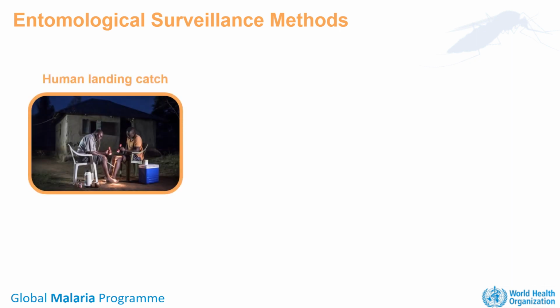Adult mosquitoes are often collected using human landing catches, wherein one or more collectors bare their legs and arms and use aspirators to collect any mosquitoes that land on them. This method can be used to determine the presence or absence of malaria vectors in the area, derive human biting rates, determine peak biting times, and compare biting rates indoors and outdoors.